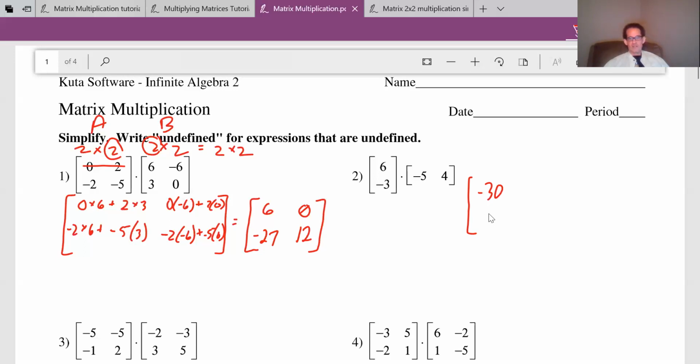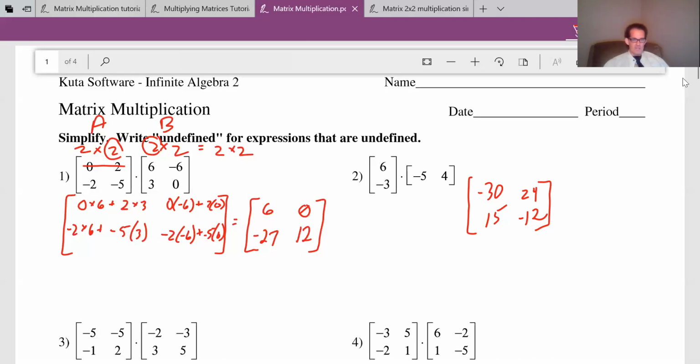And that's going to go right here. And then you've got your 4 times 6 is 24. And you've got to do by column. 4 times -3 is -12. That's easier because there's just one column, one row. This one's a little bit longer.